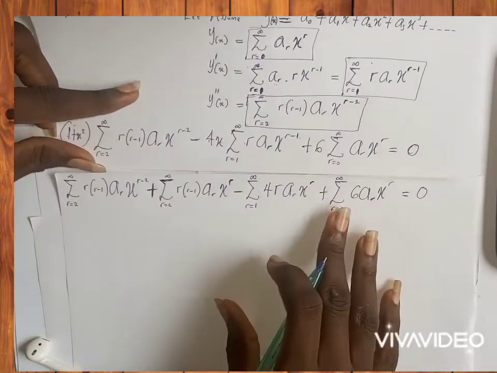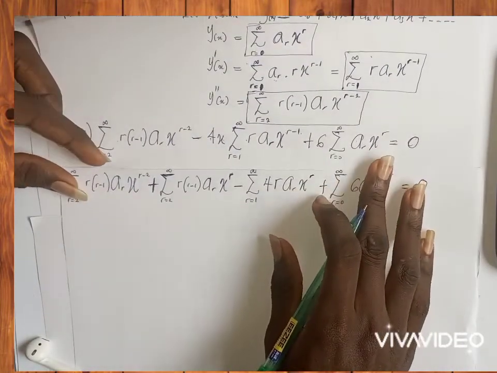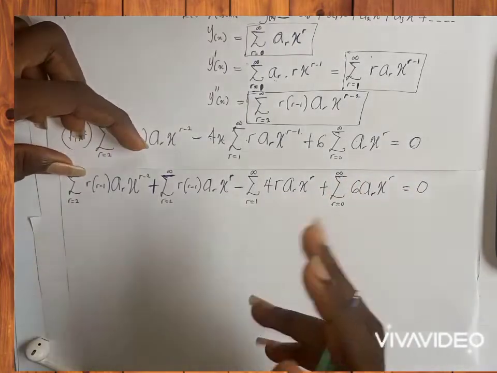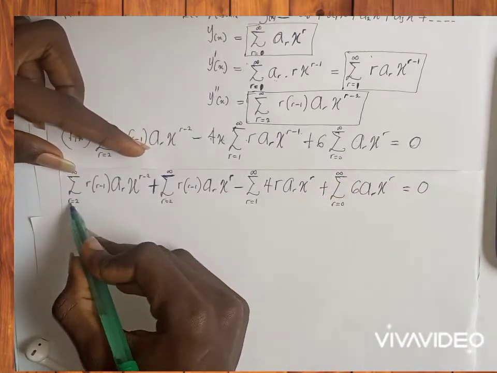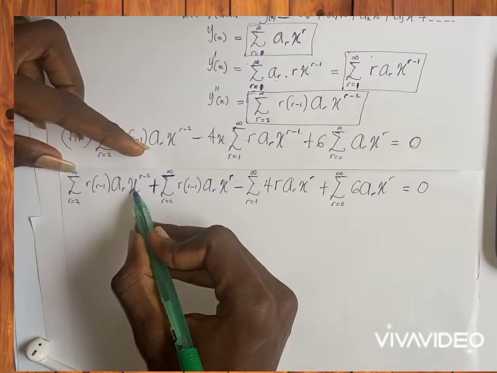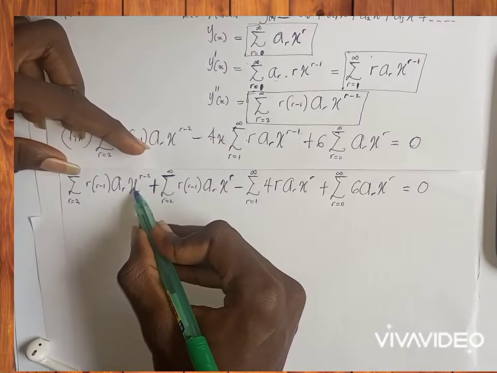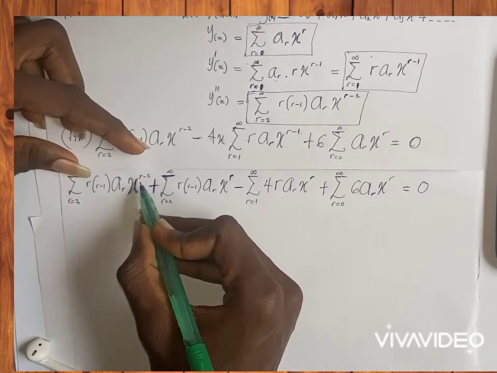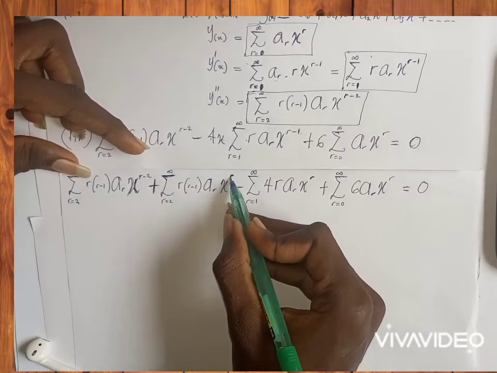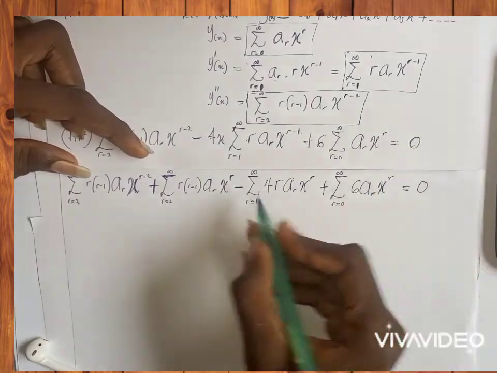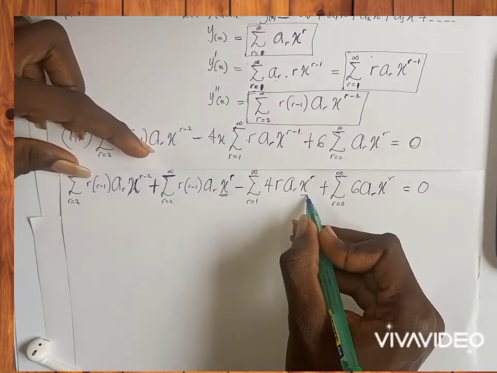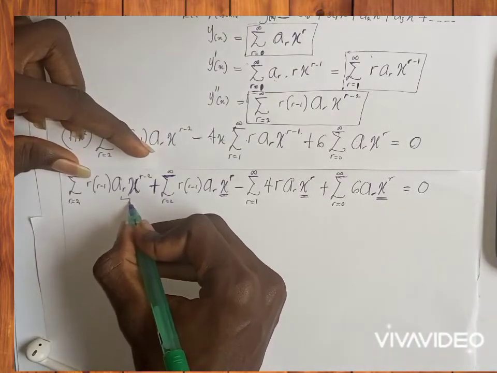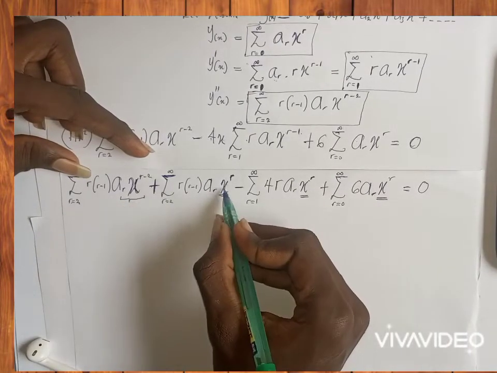Now, since we have this, we need to follow some steps. I have two things to consider: the limits, and the power on the variable. The power I have on the variable x here is r − 2, and here I have r. Since the others have x to the power of r, I need to express this in terms of x to the power of r.